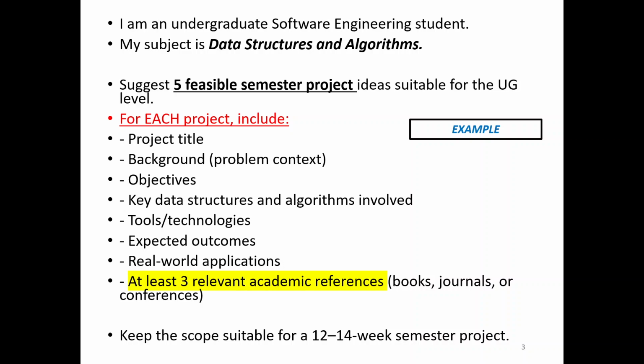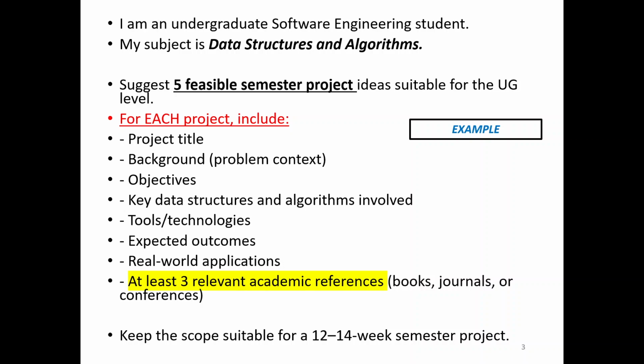This is an example prompt that can be very efficient for you. It says, I'm an undergraduate software engineering student. My subject is data structures and algorithms. Suggest five feasible semester project ideas suitable for the UG level.